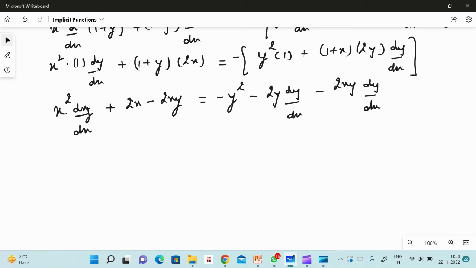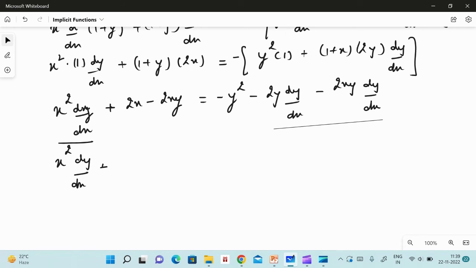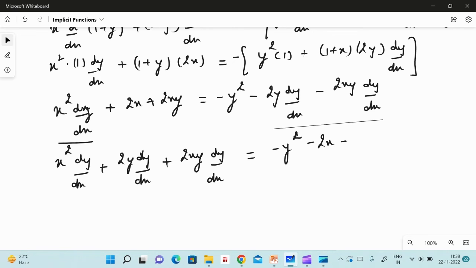Okay, so now I will shift all the terms which carry dy by dx to one side and the remaining terms to the other side. X square dy by dx plus 2y dy by dx plus 2xy dy by dx is equal to minus y square minus 2x minus 2xy.